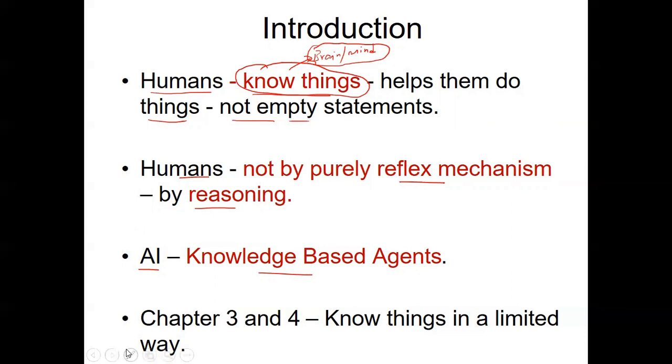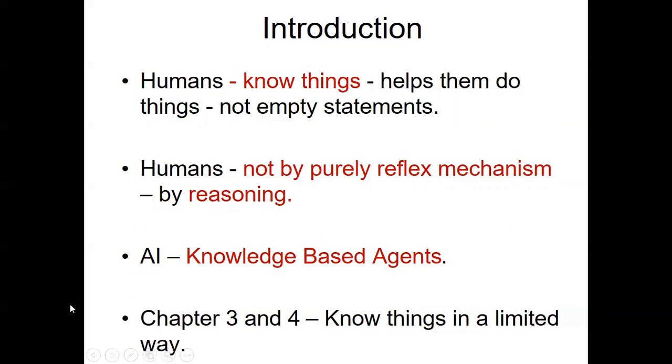In an artificial intelligence system, if we could provide the ability to represent knowledge, and if that system can infer, so not exactly learning, if it can deduce new facts from the existing facts, and based on the new facts make some decisions, then such systems are called knowledge-based systems.